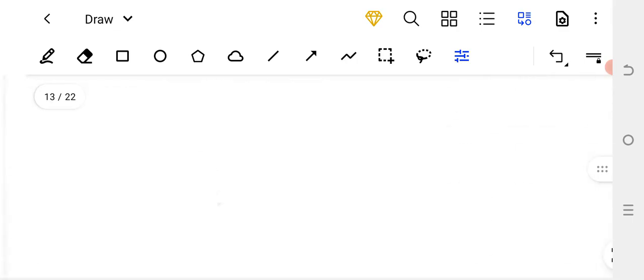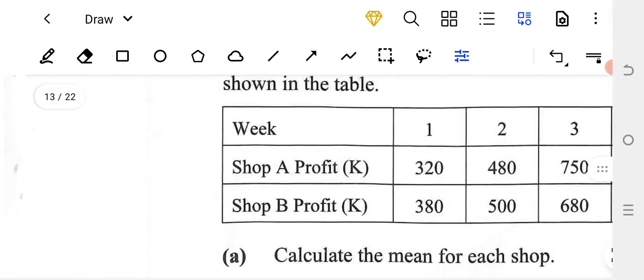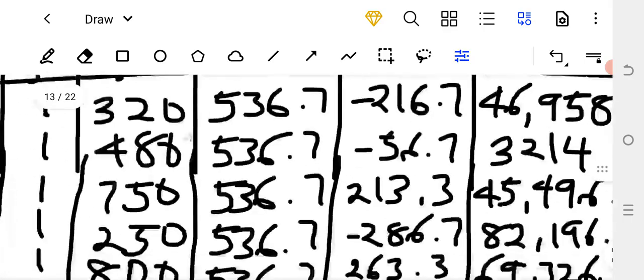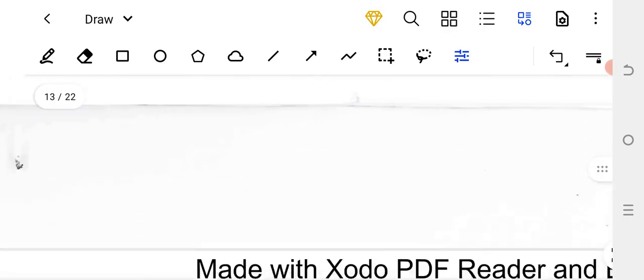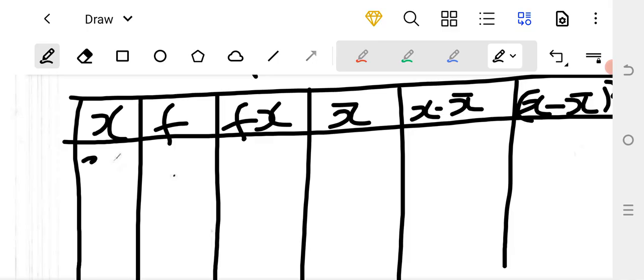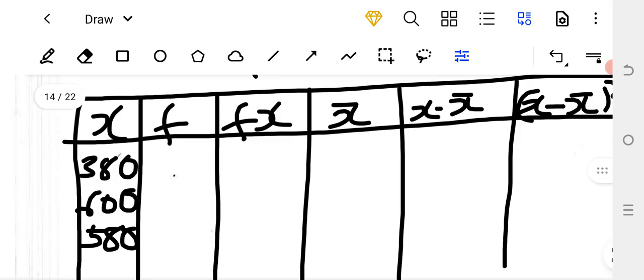Your x values for shop B are 38, 60, 58, of course 380, 600, 580.